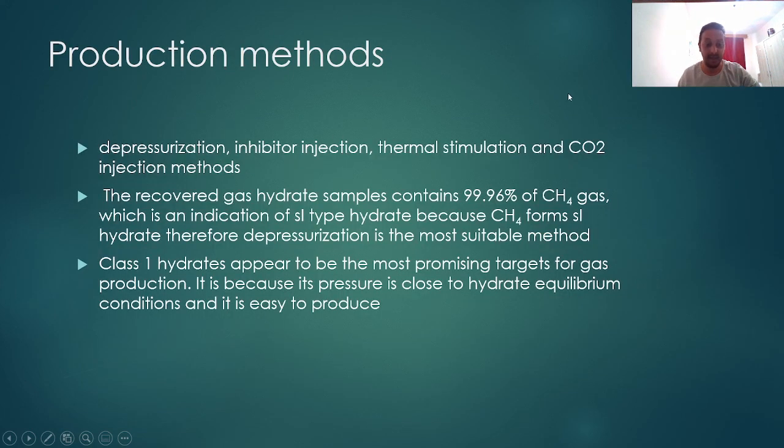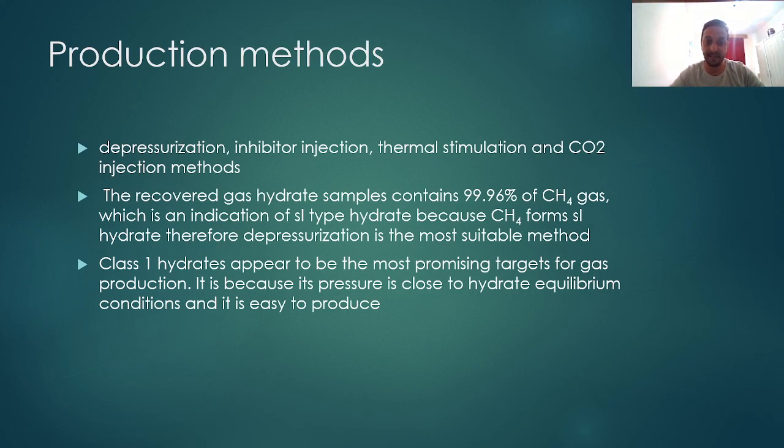And then I will talk about production methods. Actually, there are many methods: depressurization, inhibitor injection, thermal stimulation, and carbon dioxide injection. All these methods are suitable for producing gas hydrate. However, all of them have advantages and some disadvantages.